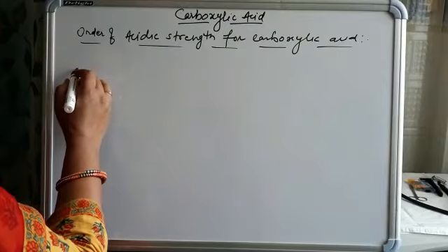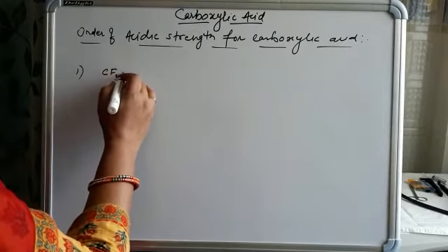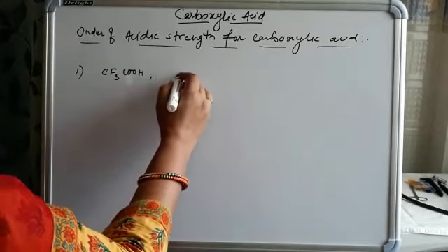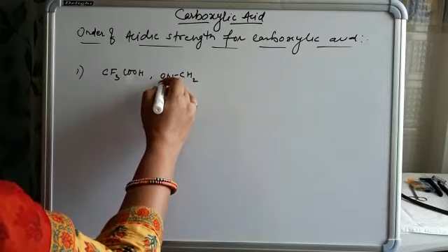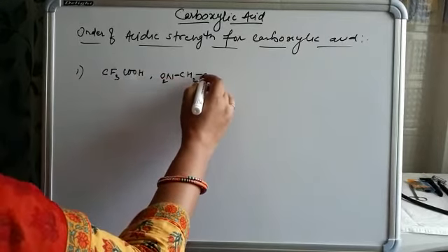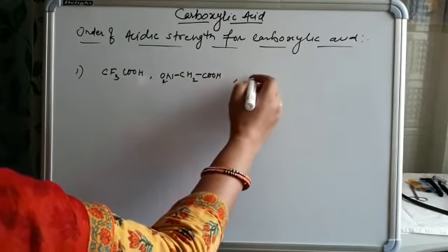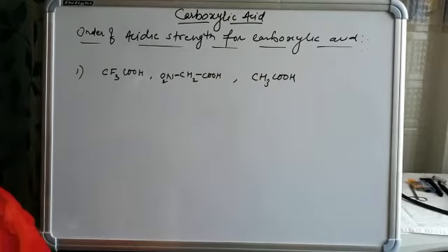Suppose one example is there: CF3COOH, NO2CH2COOH, and CH3COOH.